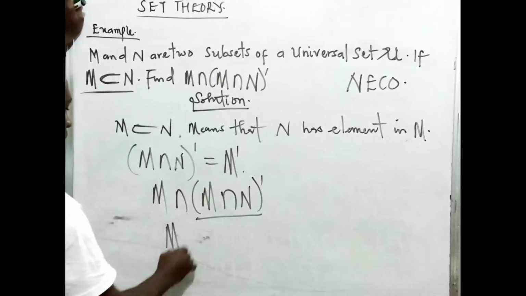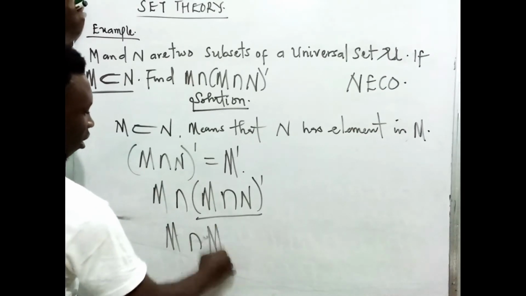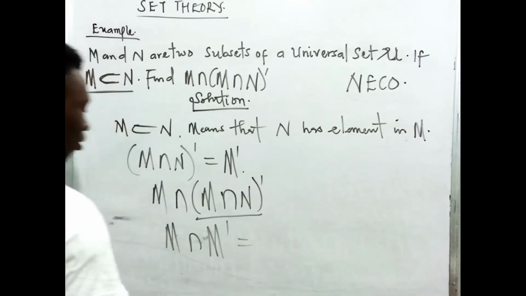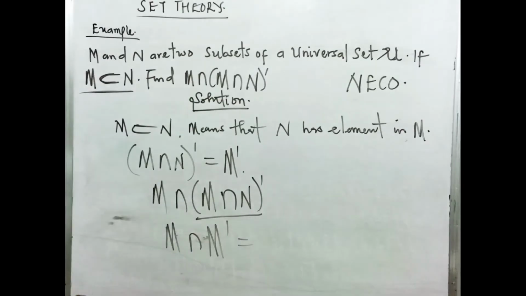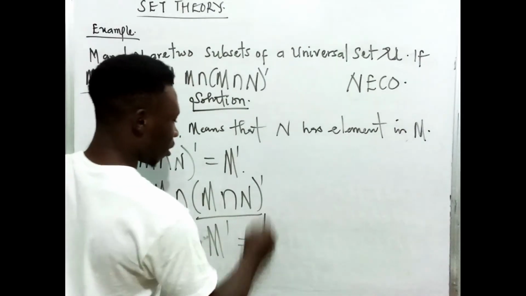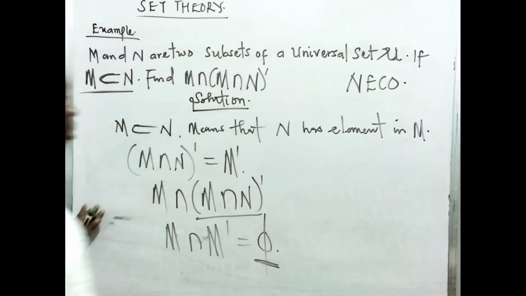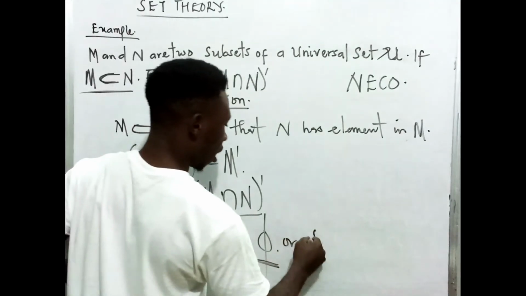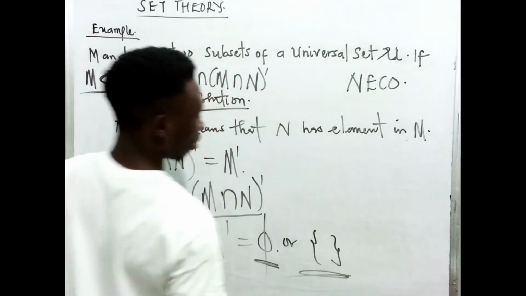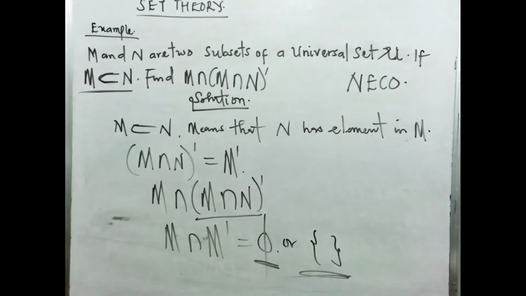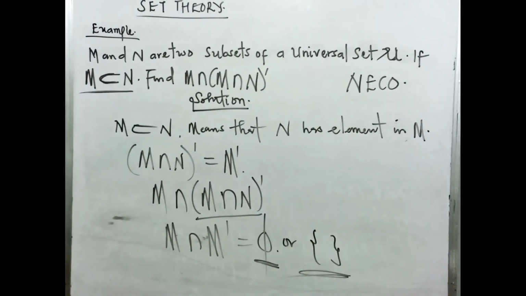So M intersection M complement, they have nothing in common. So M intersection M complement is going to give you a null set or an empty set. And that is our final answer for this particular NECO quiz.